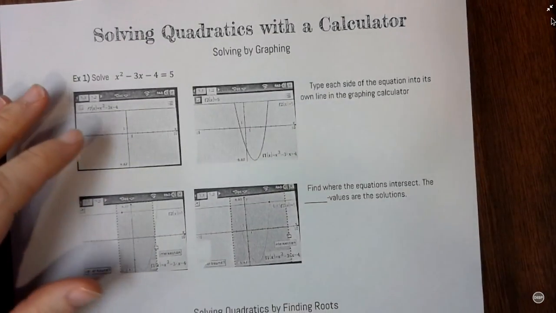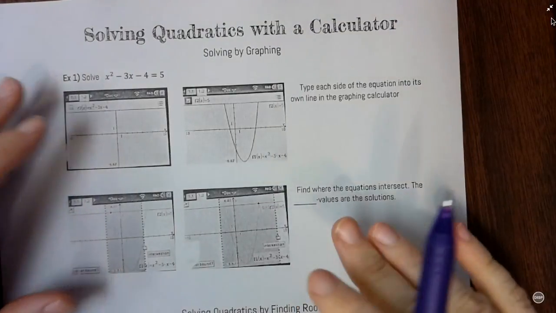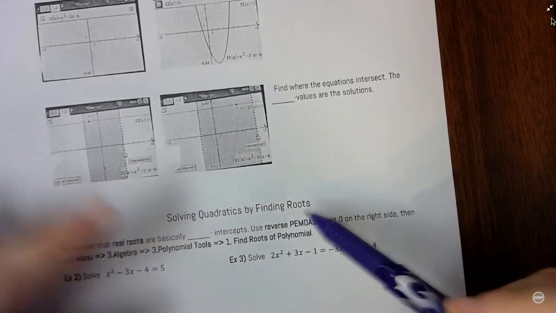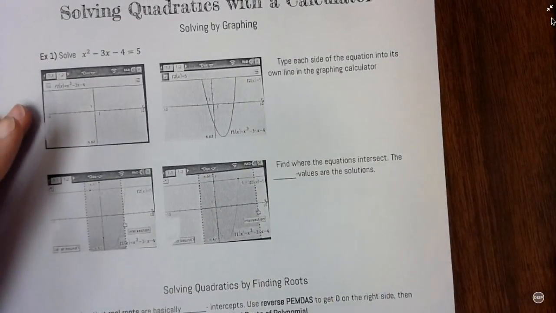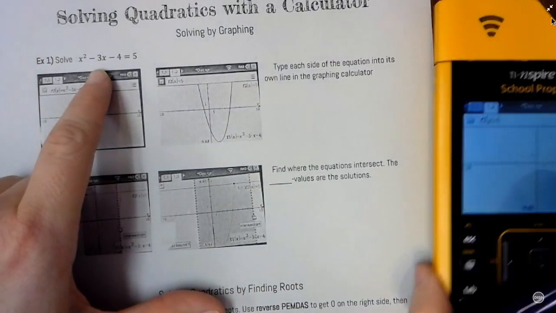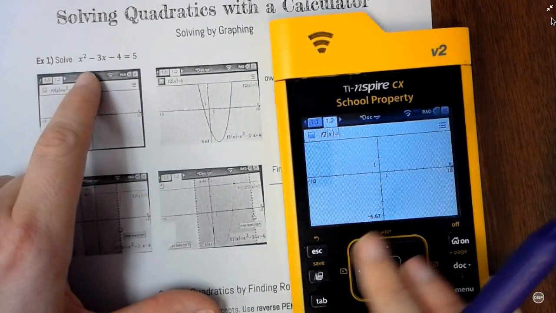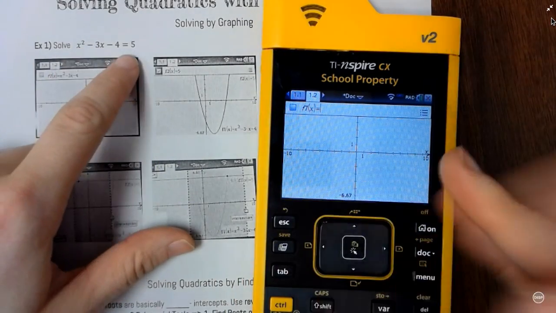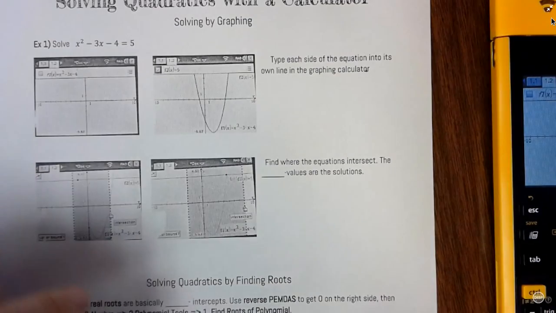So to solve quadratic equations with a calculator, there are basically two ways. You can solve by graphing, or you could solve by finding the roots. So we're going to do one of each. First, for the quadratic, you want to go to a graph page and enter each side of the equation into its own line on the graph.